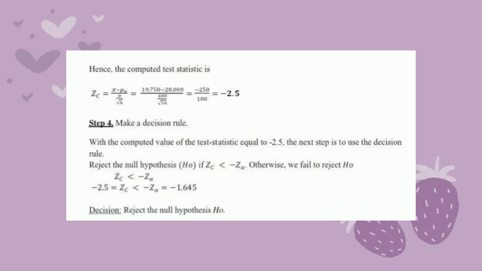Otherwise, we fail to reject our null hypothesis. Negative 2.5, our computed z, is less than our negative critical value, which is negative 1.645. The decision is to reject the null hypothesis.